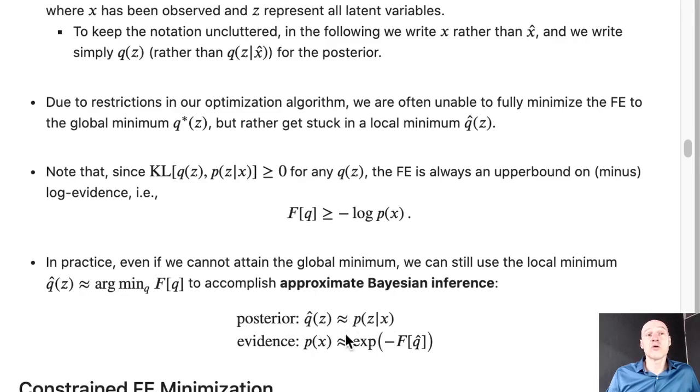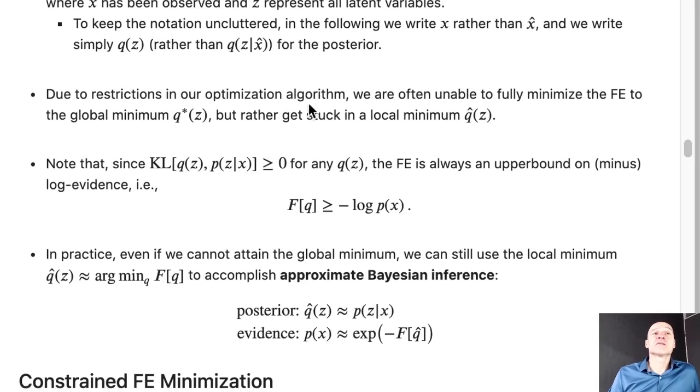We might get a local optimum, and we can use that as a proxy for your Bayesian posterior, and the free energy, where I plug in my local minimum, is going to be a proxy for the evidence.